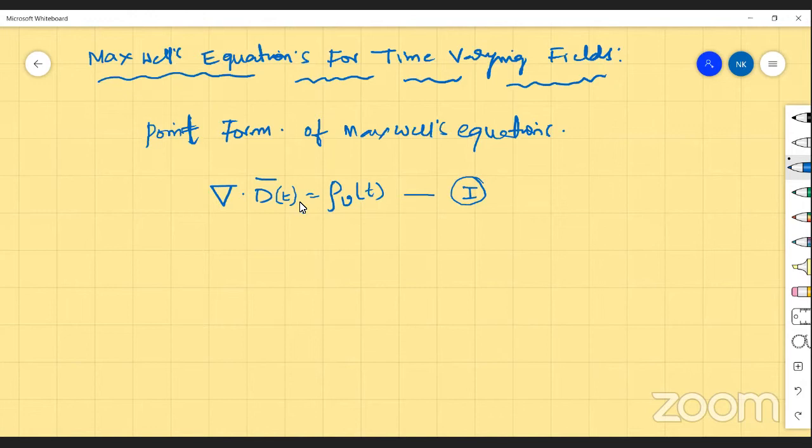What is the second Maxwell's equation? Del cross E bar is equal to, so I'll write in a similar manner, del cross E bar of t is equal to minus dou by dou t of B bar of t.